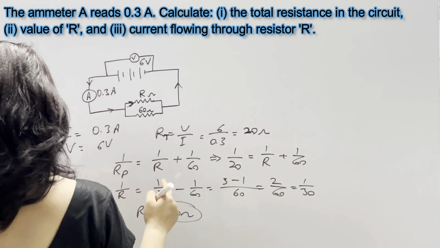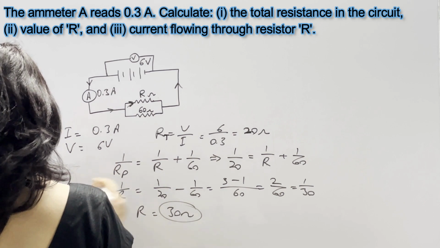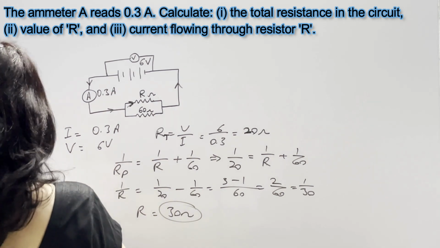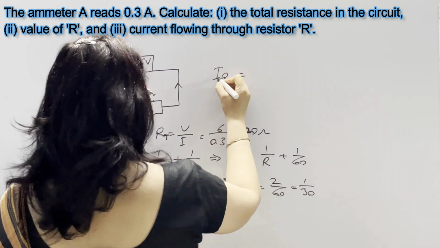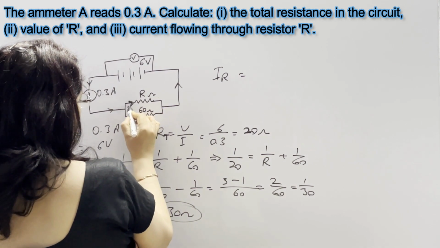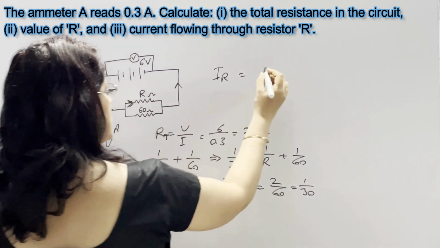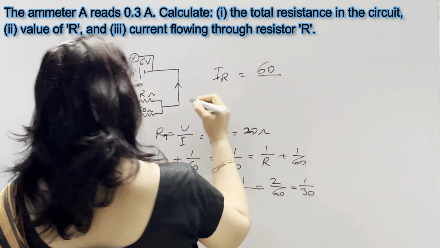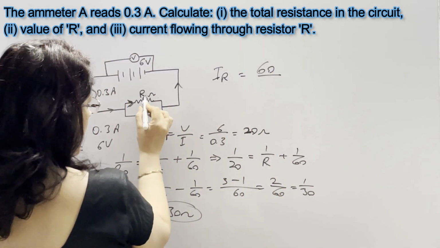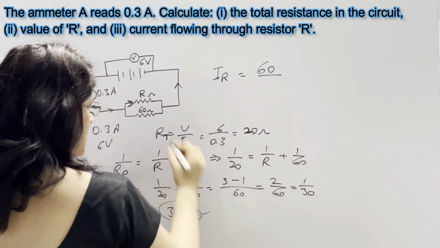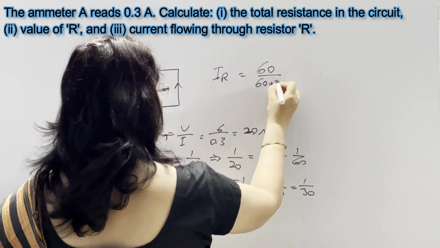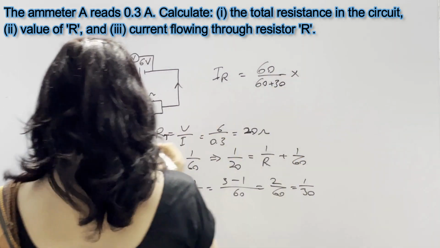This is our second part. Third part, current flowing through this resistor. We need to calculate the current. So the value of current through this resistance R is, in the numerator, the opposite resistance, it means 60, and in the denominator the total, 60 plus 30, into the total current in the circuit.